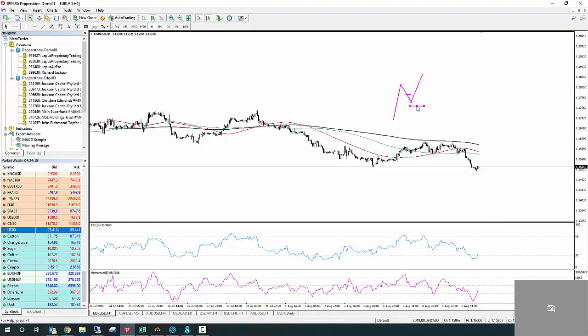Because if this does turn around like this and you've got your stop up here, it could turn around like this. Does that make sense? The price must break this last low over here for it to be a change. So that's where your stop is, just in here.